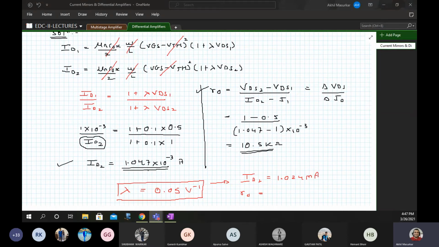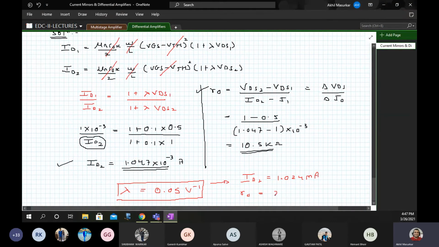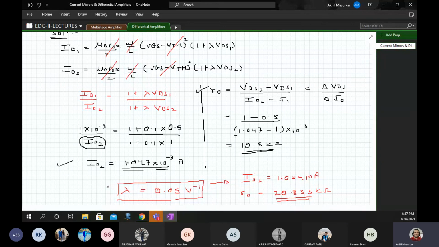Hemant, just check the value. That is 20.833. So what you should observe here is that if my lambda becomes less, my R0 increases like anything, and if my lambda is some greater value, my R0 decreases.